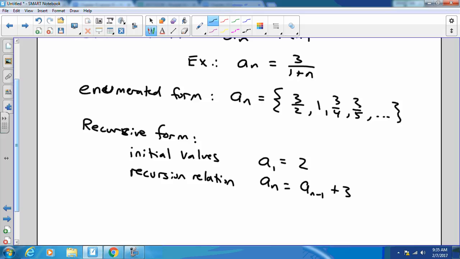For example, a sub n equals a sub n minus 1 plus 3. In other words, it gives us a pattern. In this case, the next term is equal to the previous term plus 3.